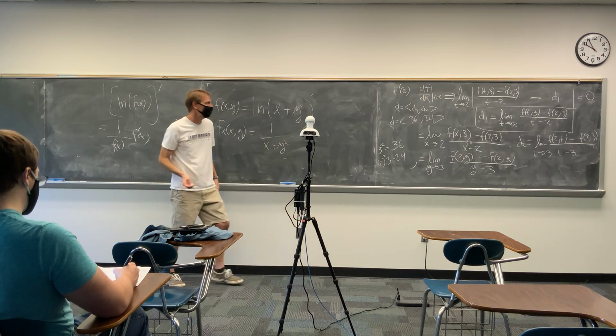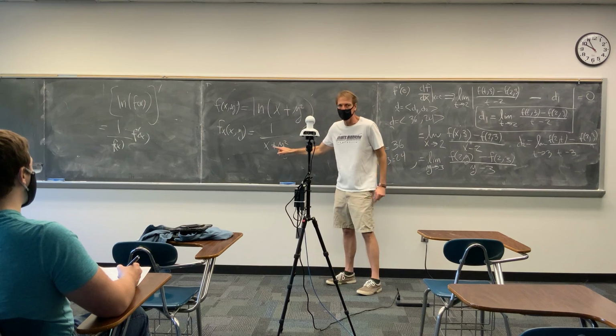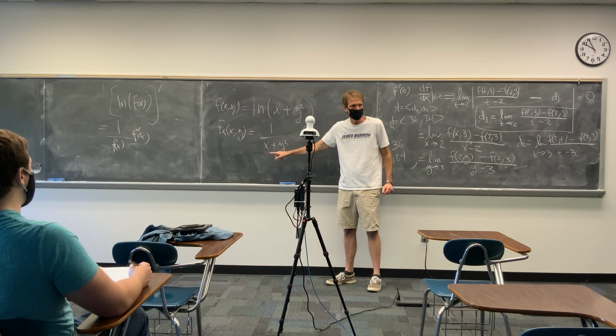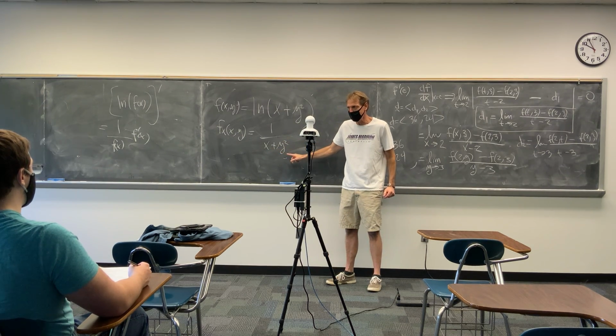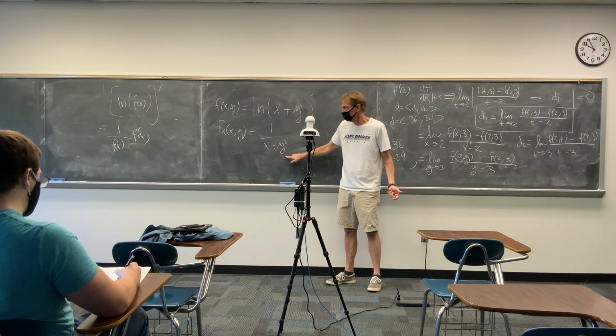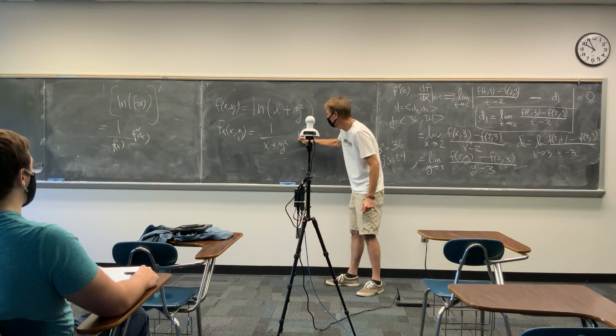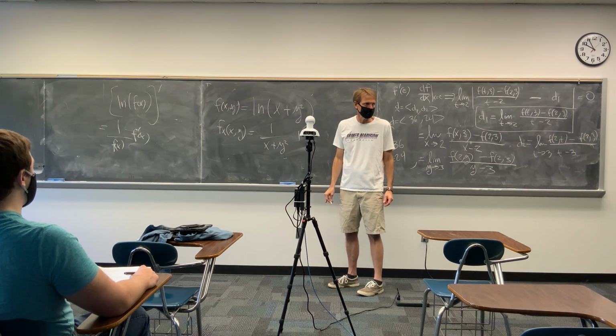Now we take our partial of x plus y squared with respect to x. That's 1, because the derivative of y squared would be 0. So I just get 1, and this would be my partial derivative.